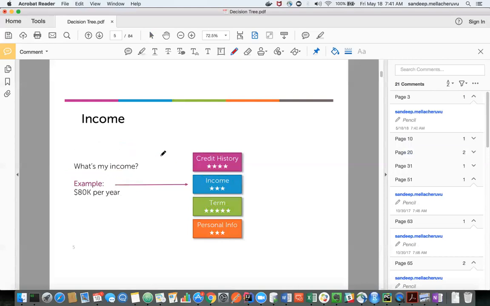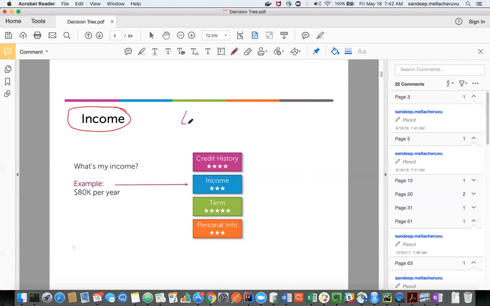Again, the same thing on income. Based on your income, actually he explained only about income, but income should always be correlated with the loan amount. It doesn't matter whether his income is very low or not, but you have to correlate it with the loan amount.